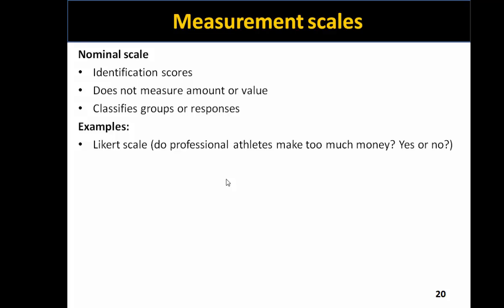As we'll discuss in the next video, we'll take a look at a Likert scale, and we'll ask this question: do professional athletes make too much money? And we'll ask that question in terms of not evaluating the athletes per se, but people's perceptions of how much money professional athletes make.